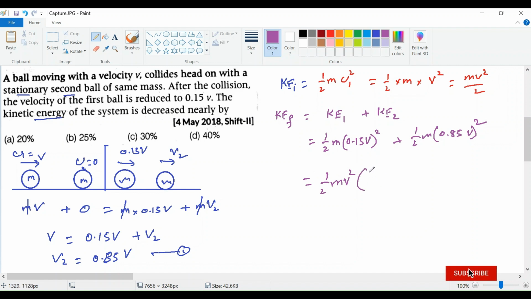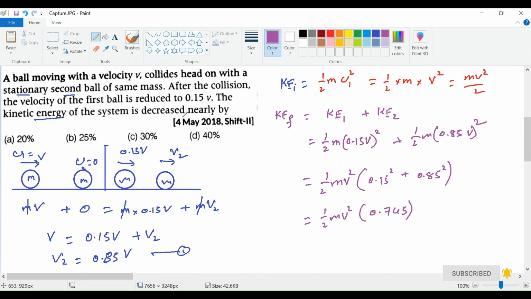What is left here is 0.15 whole square plus 0.85 whole square. You add these squares. Calculate it, this value you will get is 0.745.